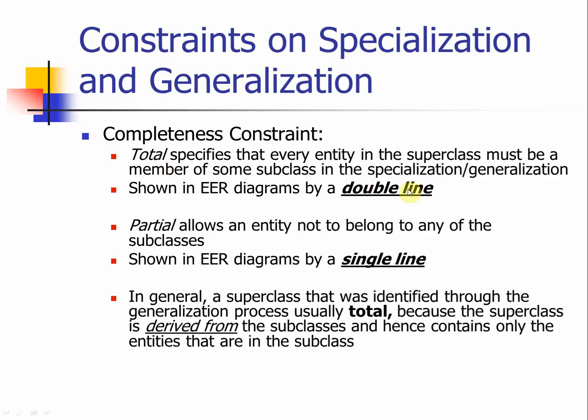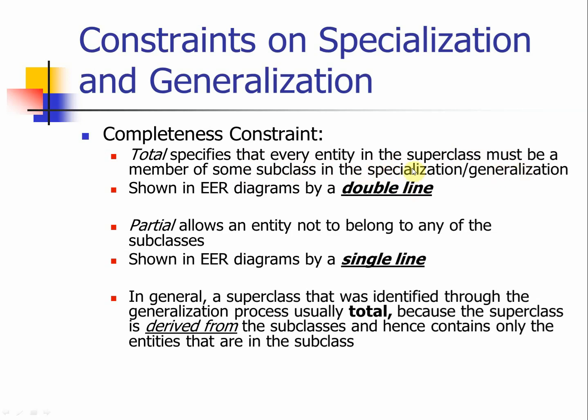So if we put a total constraint, which uses a double line in the EER diagram, that specifies that every entity in the superclass must be a member of some subclass based on this specialization or generalization.